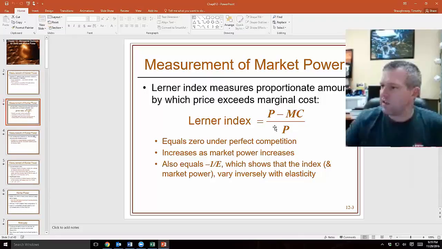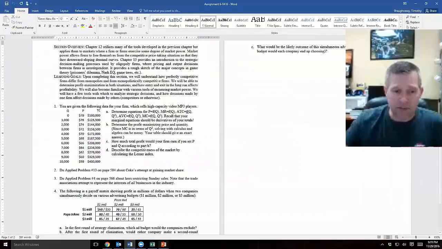And so I'm thinking that Benjamin may be asking, do I need to make a Lerner index column and then figure out price minus marginal cost divided by price for a quantity of 0, and then do the same thing for a quantity of 1,000 or a quantity of 2,000.